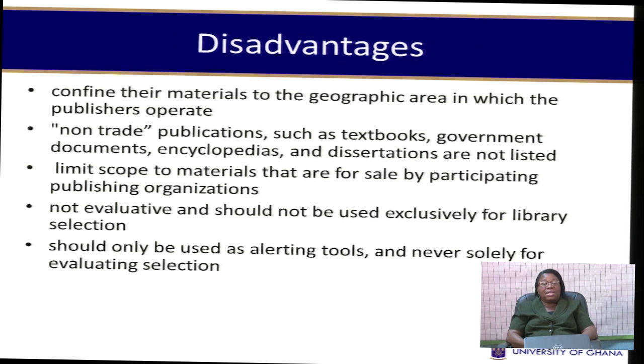And so you cannot decide whether this particular title is better than the other title. And so for that reason, just as you use the national bibliographies, trade bibliographies should be used as alerting tools, and you should never use only trade bibliographies to build your collection.